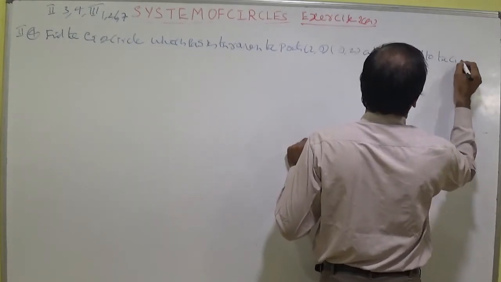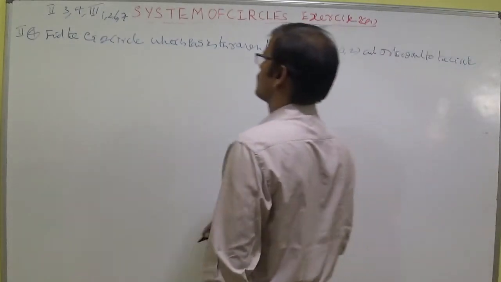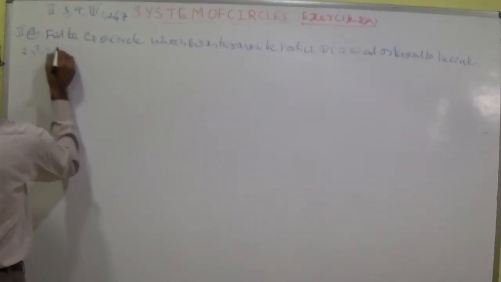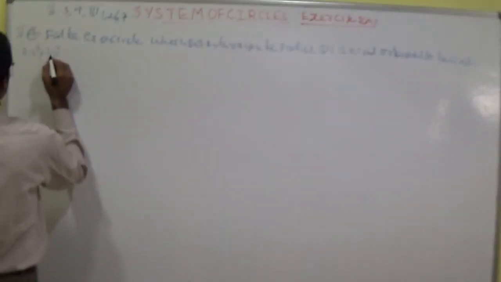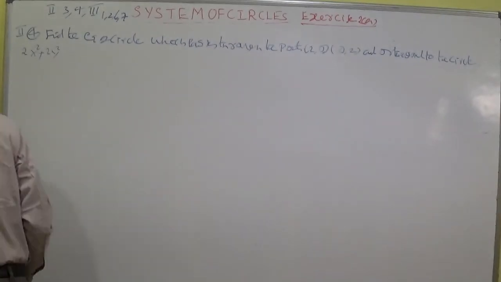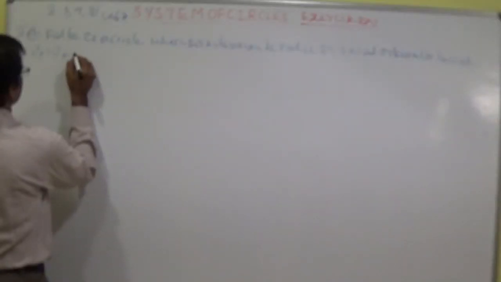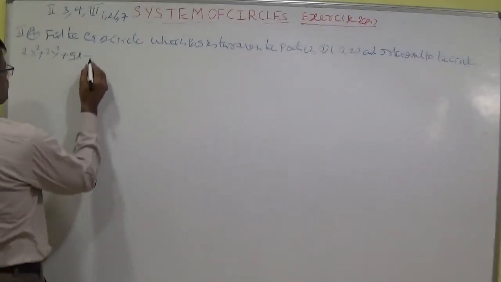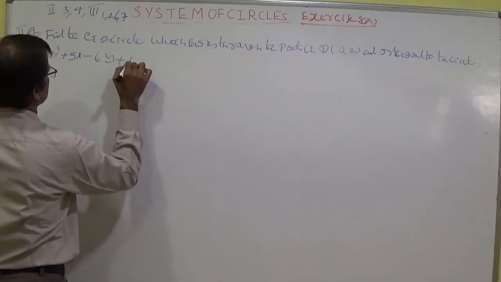the circle 2x square plus 2y square plus 5x minus 6y plus 4 is equal to 0.